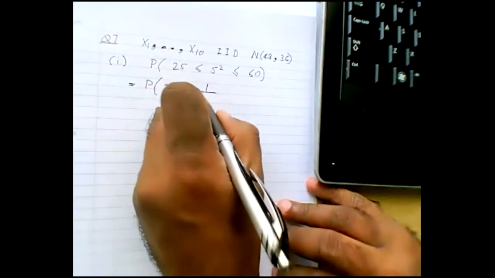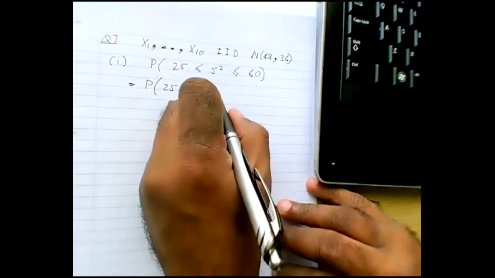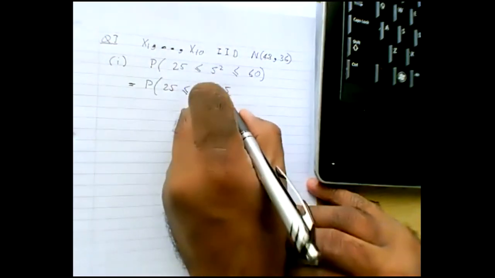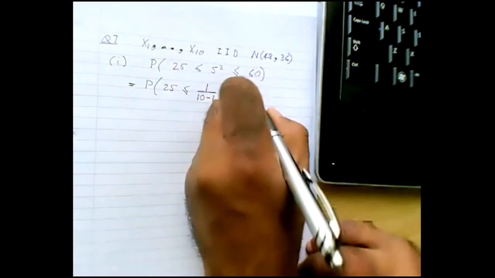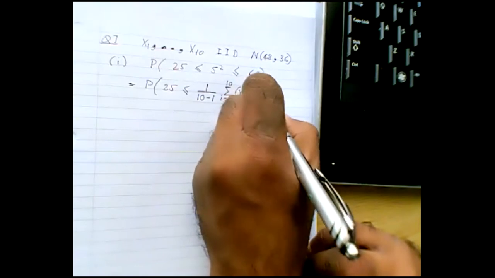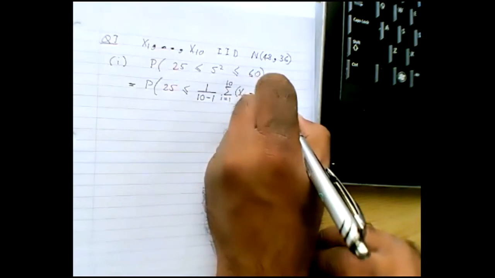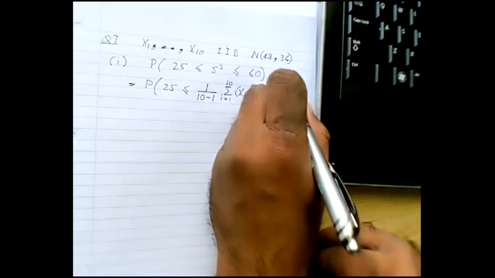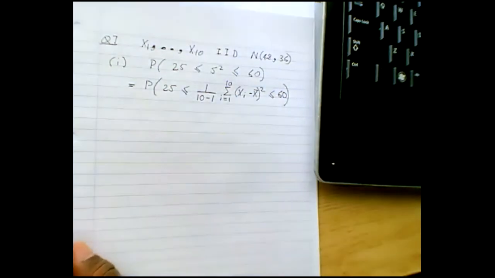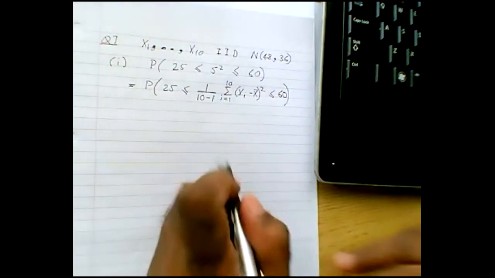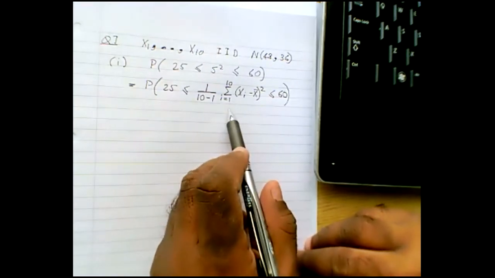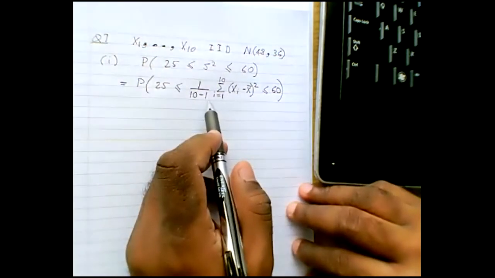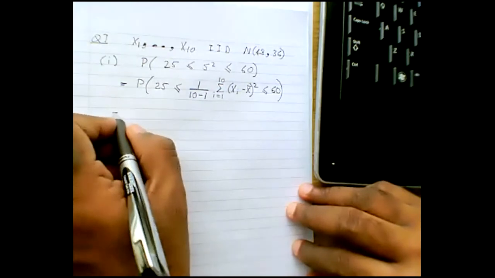So its divisor is the sample size 10 minus 1, times the sum of, all right, this is what you get. Yeah, you remember this formula, guys? I showed you this formula a long time ago, you may recall. Okay. Now 10 minus 1 is 9. So I'm going to multiply across by 9.